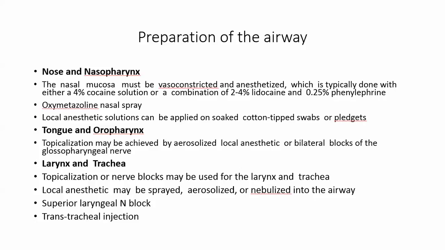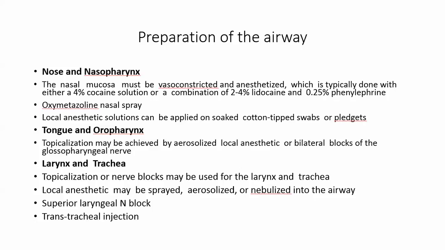The larynx and trachea can be anesthetized by topicalization, or nerve blocks may be used for the larynx and trachea. Local anesthetic may be sprayed, aerosolized, or nebulized into the airway.